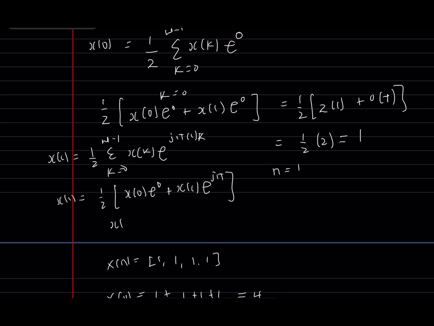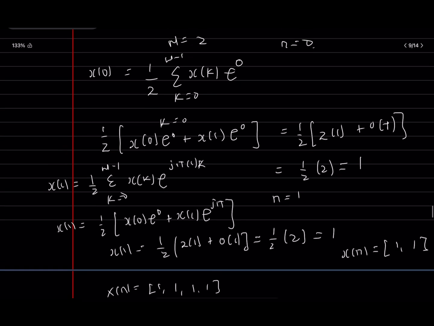So x of 1 is equal to 1 over 2 multiplied by X of 0, which is 2, multiplied by 1, plus X of 1, which is 0. In this case, we still get 1 over 2 multiplied by 2, which is equal to 1. Therefore, we can say that our x of n is equal to 1 and 1.